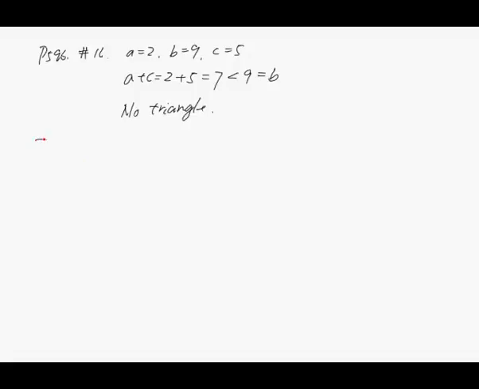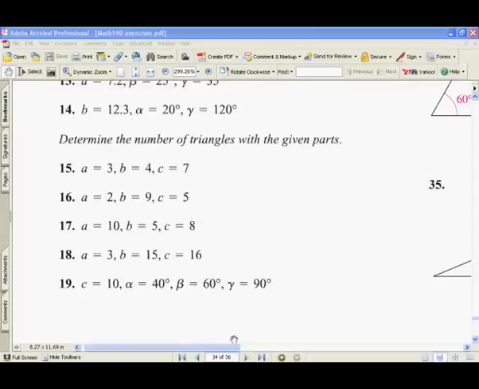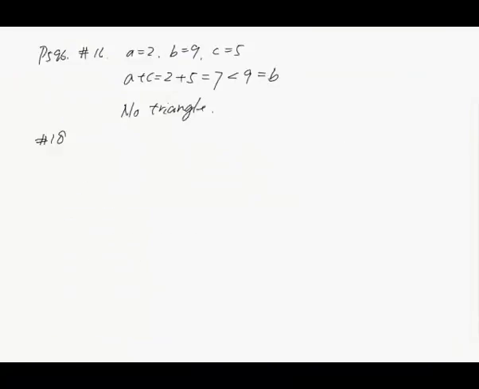Now let's look at problem 18. We have a equal to 3, b equal to 15, and c equal to 16. Okay, let me copy these notes on the whiteboard. So a is equal to 3, b is equal to 15, and c is equal to 16.